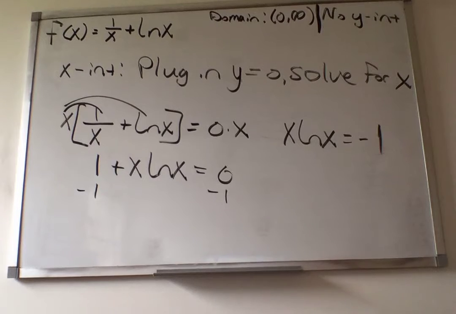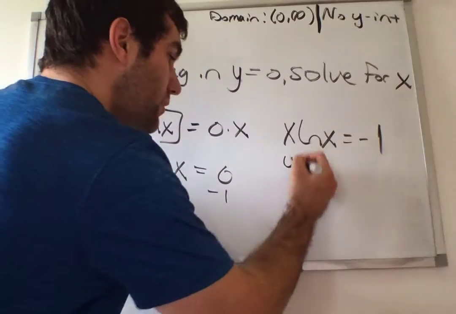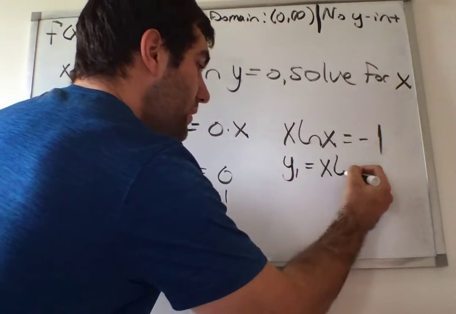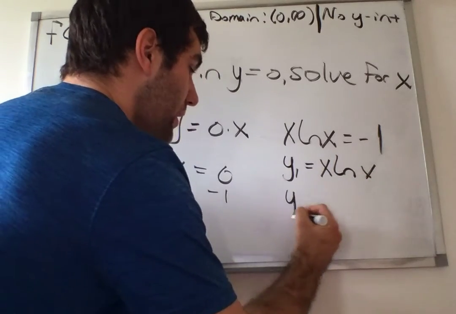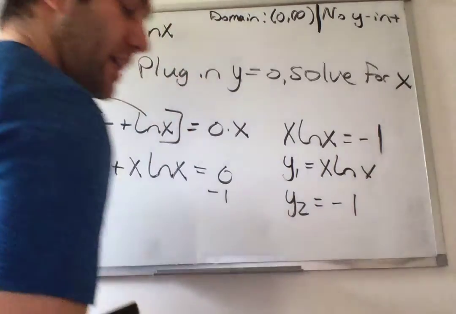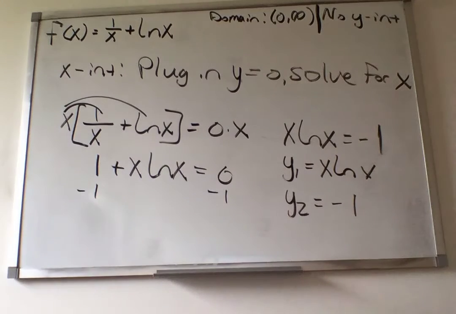We don't have any good algebraic way to solve this, so we're going to use our calculator to help us. I'm going to plug into y1 x ln of x, and in y2, I'm going to plug in negative 1.